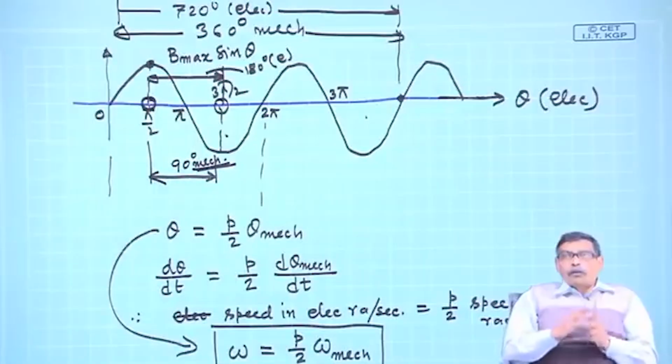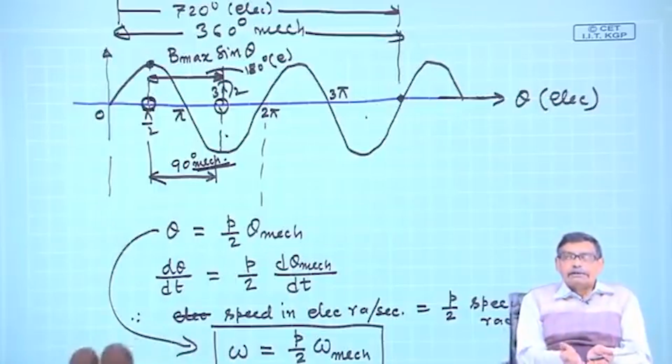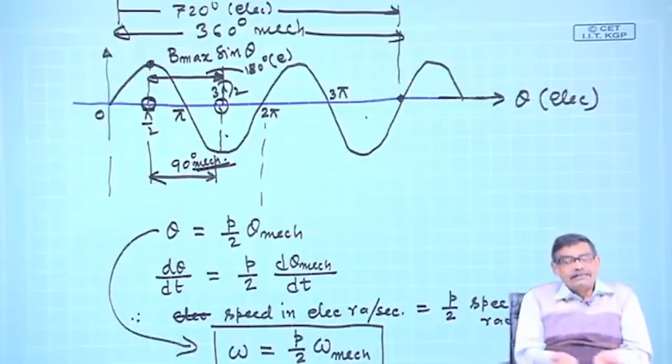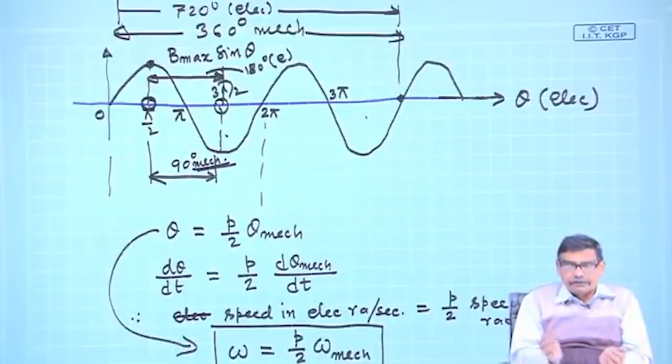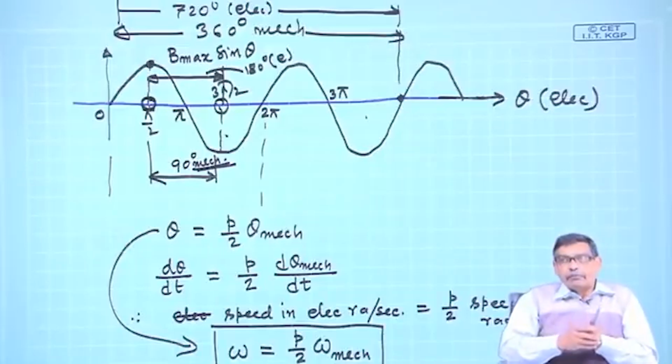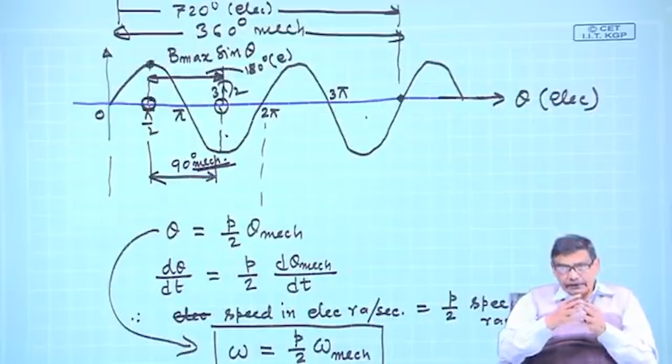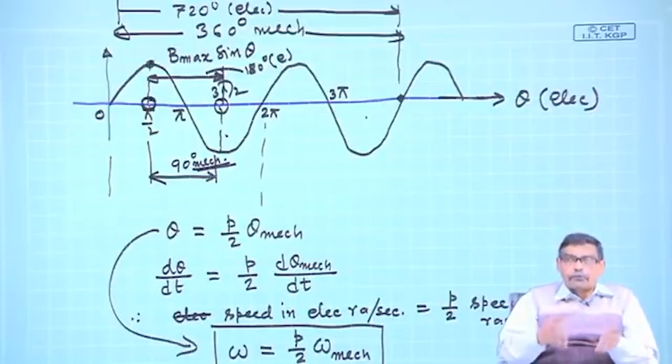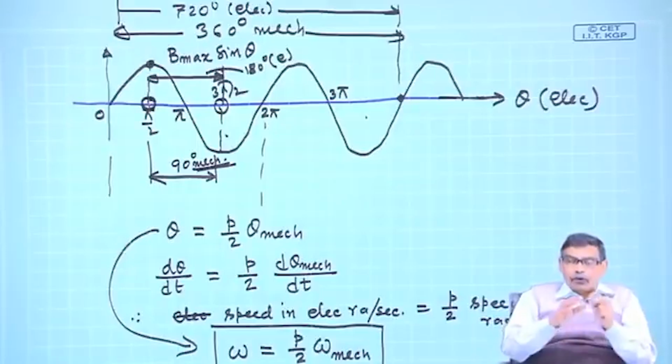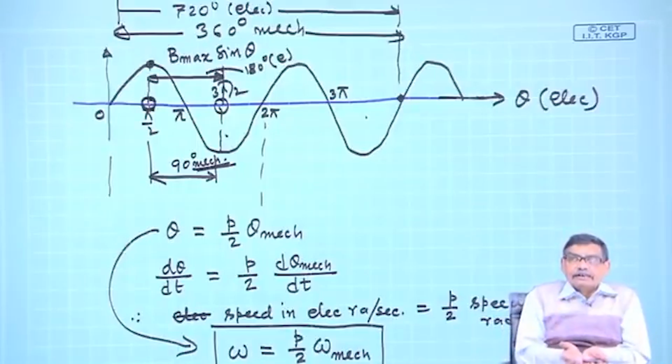Therefore, in a rotating machine like this, 360 degree mechanical is fixed. Now, depending upon whether it is a 2 pole machine or 4 pole machine or 6 pole machine, over this 360 degree all the poles are to be accommodated.